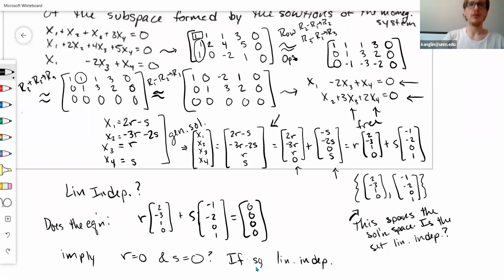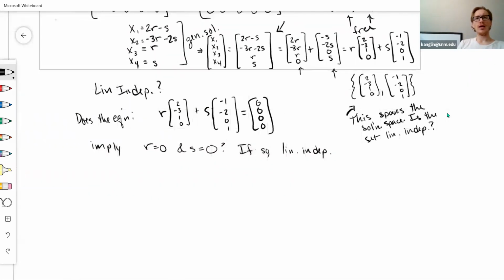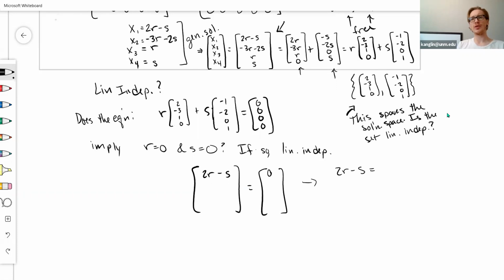Well, let's see. This isn't so hard to figure out. All we're really saying here, let's scroll down, is equating stuff on the left side, 2r minus s in the first component, to stuff on the right side, 0 in this component. We get the equation 2r minus s equals 0. The next one gives us negative 3r minus 2s equals 0.